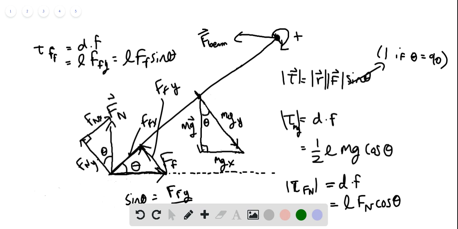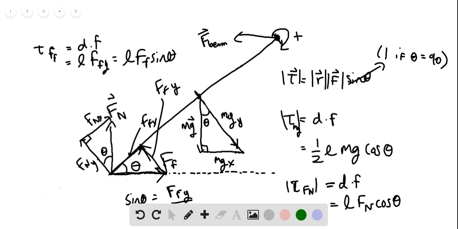And the same thing for the normal force as for the weight force, just in terms of the trigonometric function, because you want the adjacent over the hypotenuse, because that's FNy and FN there.